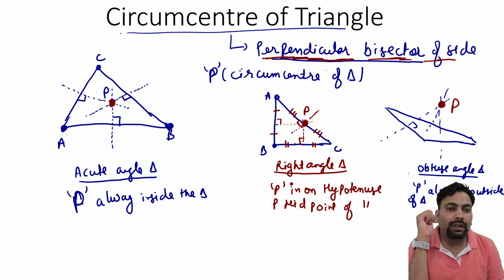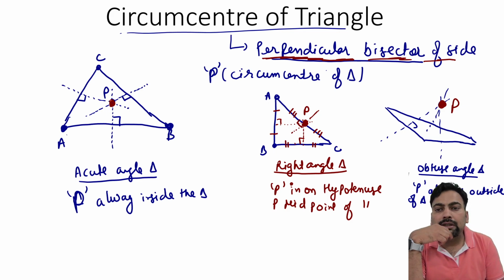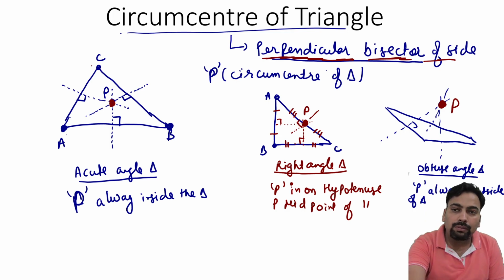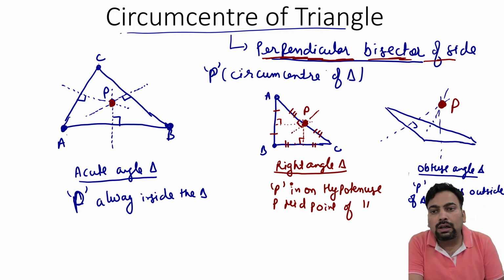And the point P, in an obtuse angle triangle, point P is always outside the triangle. So basically, you can draw a circle from the circumcenter which touches all the points of a triangle, that is, a triangle inscribed in a circle.